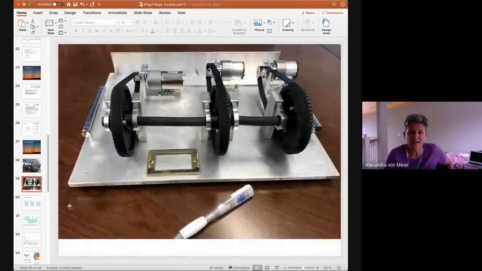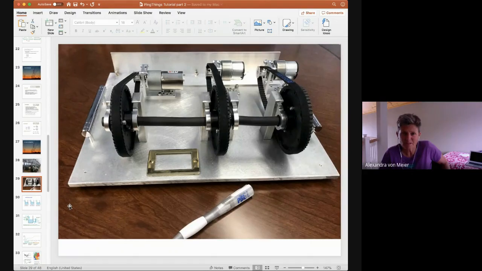So Alex, being Alex, got to work in his workshop and built a little model of this. So we have a common shaft, and we have a motor that turns it, and then the belts turn these other motors.